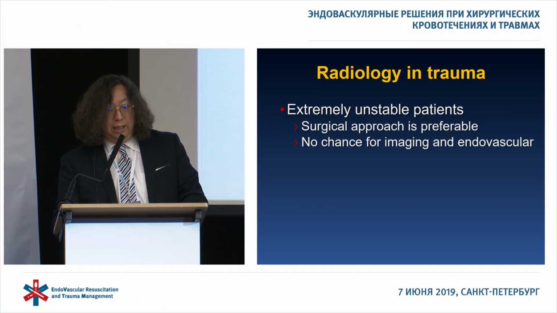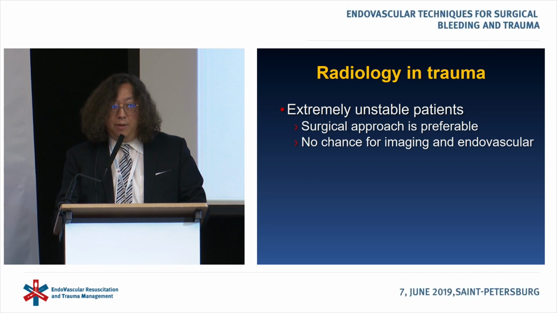I'm so honored. Today I'd like to talk about my concept called Presto. In the setting where the patient is hemodynamically very, very unstable, a surgical approach is preferable, and there is little chance for imaging and endovascular procedures.